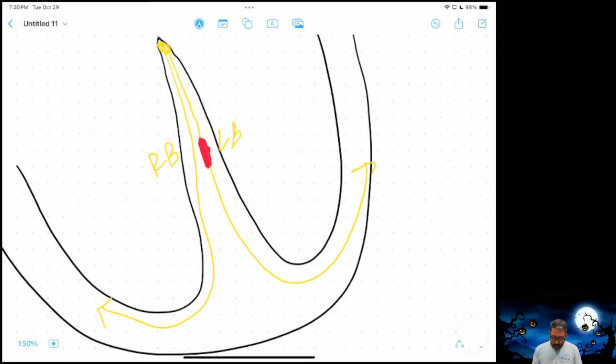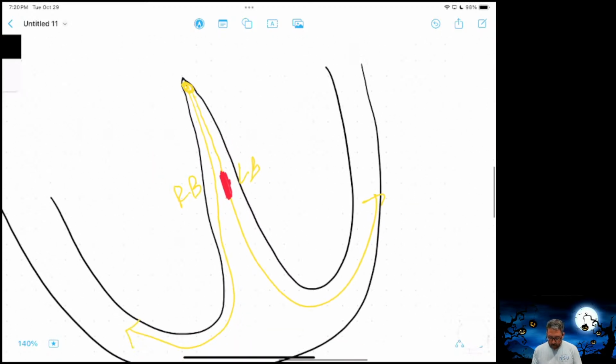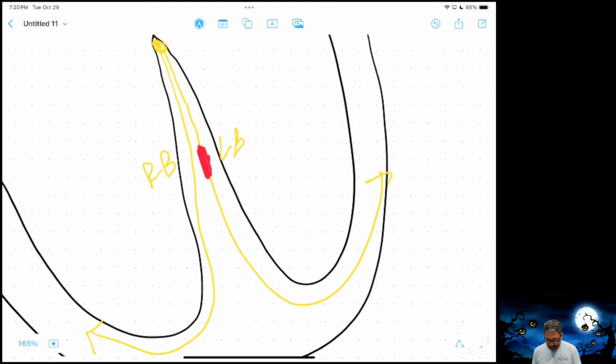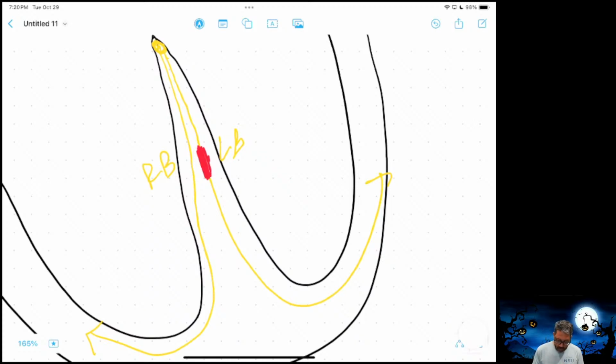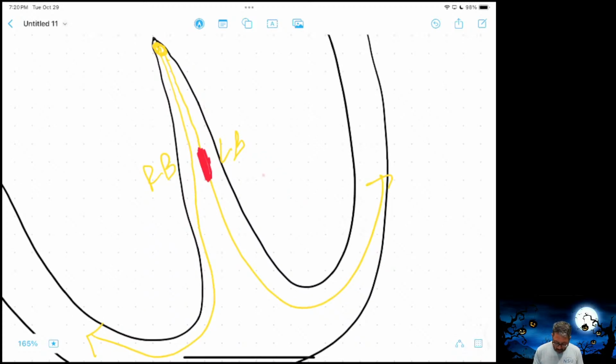So as the impulse is coming down, it gets stuck here. So what has to happen is, the impulse as it's coming down, let me change it to orange. It gets stuck there. What has to happen, the right bundle is going to depolarize that area first.